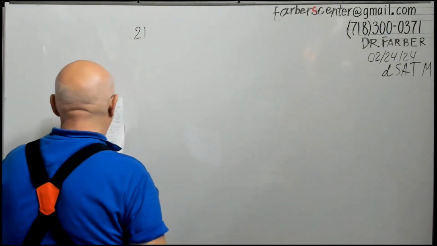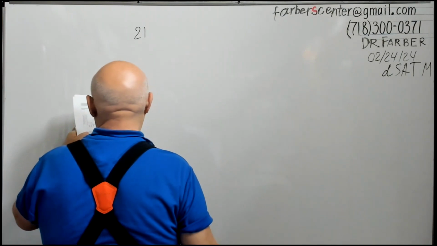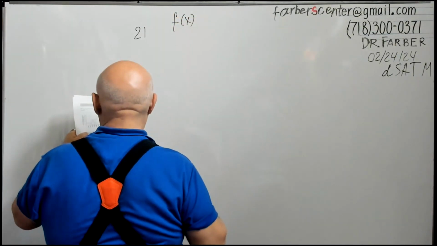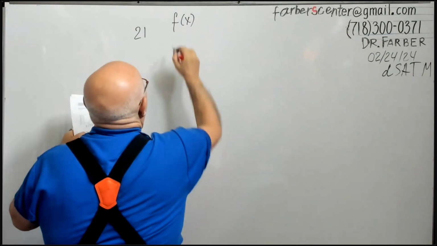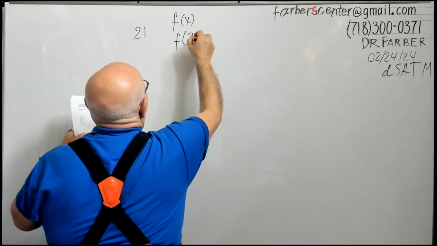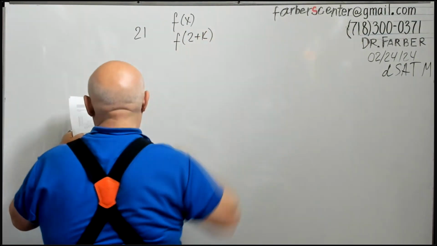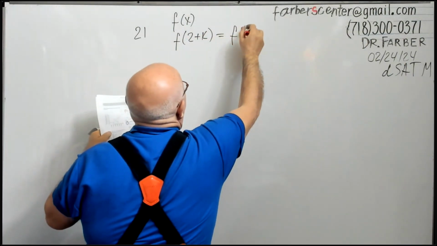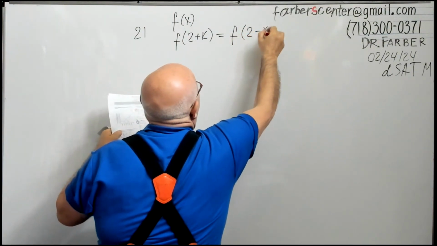f of x is a function. We have a function f of x given. And f of 2 plus k equals f of 2 minus k. This is given.